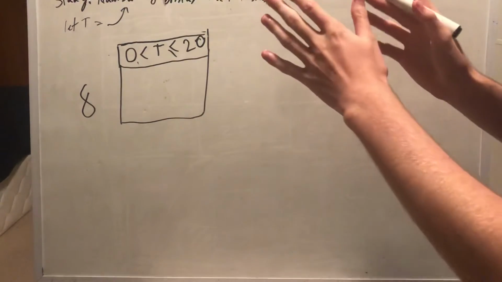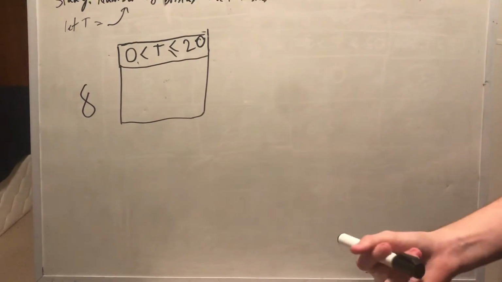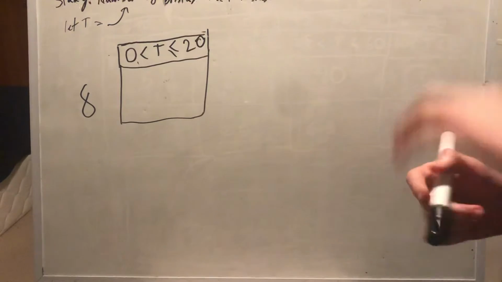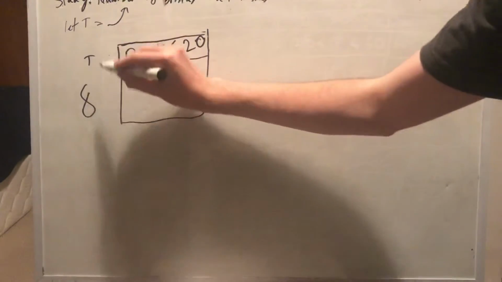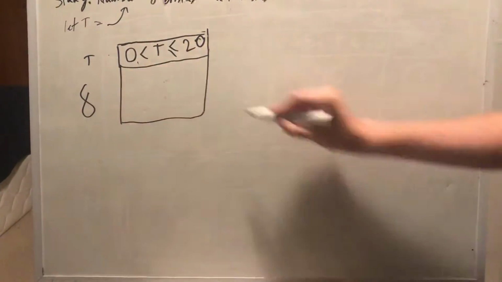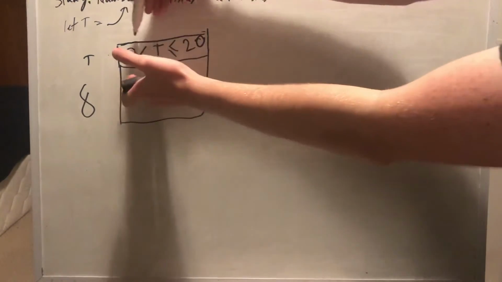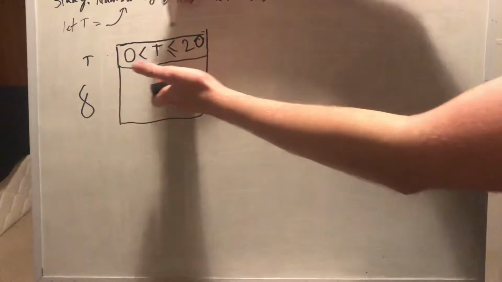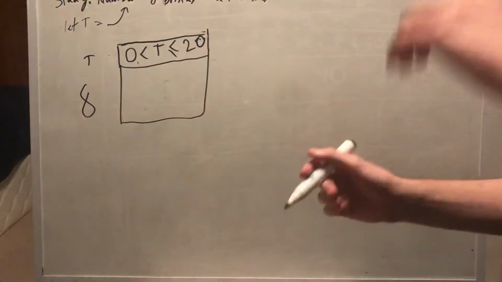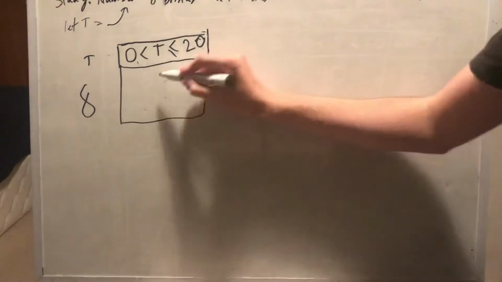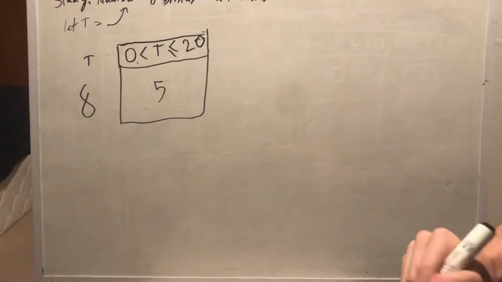There could be a toothbrush out there with only 20 bristles. That's a possibility. So here I'm going to call this row T and this row F. Frequency represents the number of toothbrushes that fit within this band of bristle values. So I'm going to say 5 fit that description.